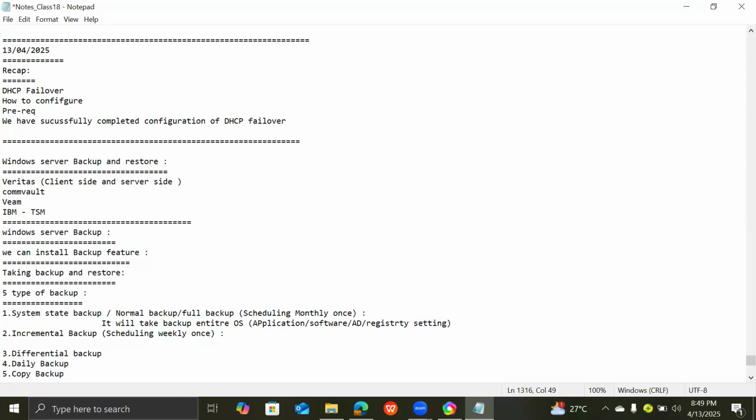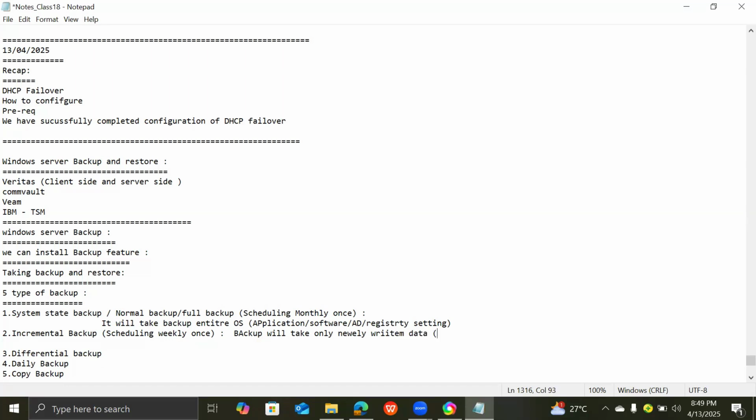But what is the meaning of incremental backup? Incremental backup will take only newly written data. If the data is already backed up, it won't touch it, right?